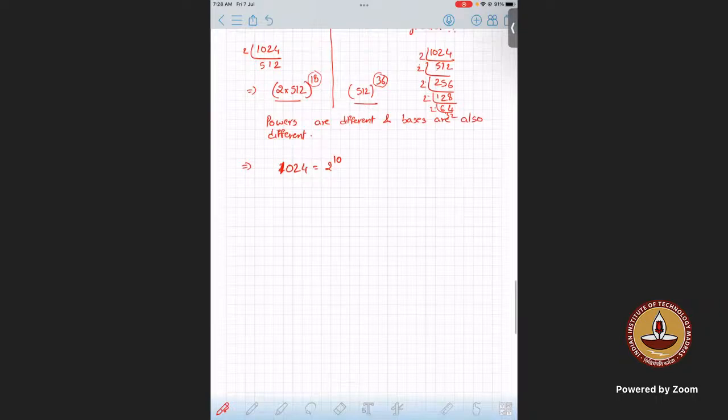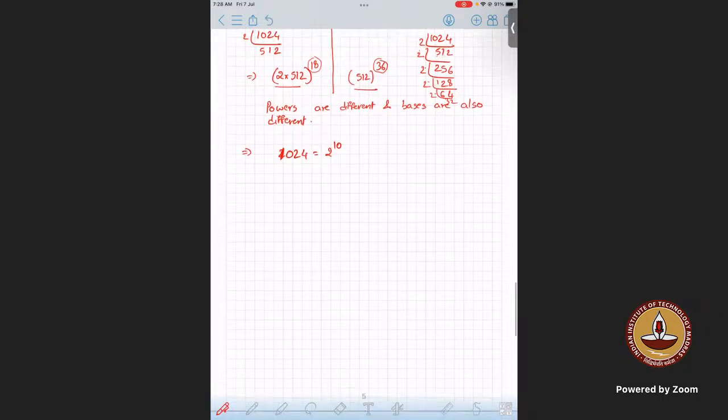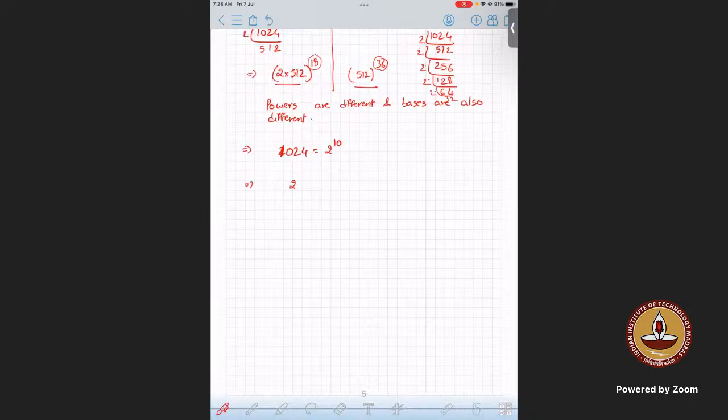So it becomes 2 power 10 whole power 18.